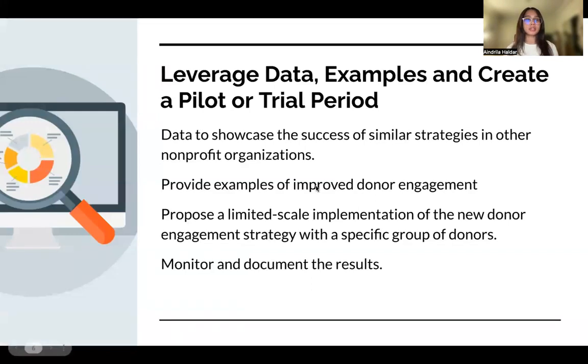So then we really need to identify what the areas of improvement are by looking at data that showcases the success of similar strategies in other nonprofit organizations, providing examples of improved donor engagement, proposing a limited scale implementation of the new donor engagement strategy with a specific group of donors, and then lastly monitoring and documenting the results.